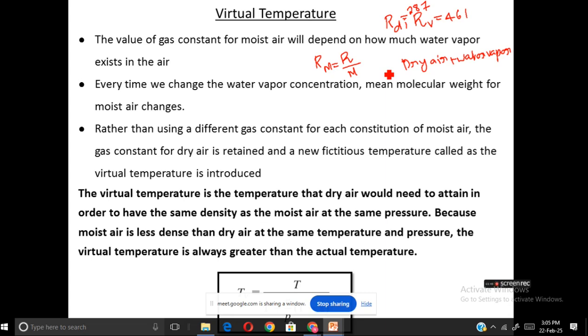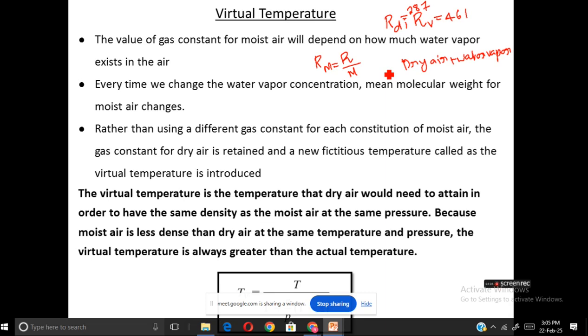If the mean molecular weight changes, the value of the specific gas constant Rm also changes, since it is the universal gas constant divided by the molecular weight of the air parcel. It would be difficult to find Rm every time we consider a different moist air. So rather than using a different gas constant for each composition of moisture, the gas constant for dry air is retained and a new fictitious temperature called the virtual temperature is introduced.